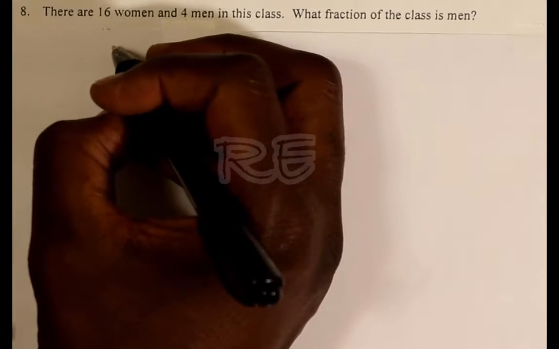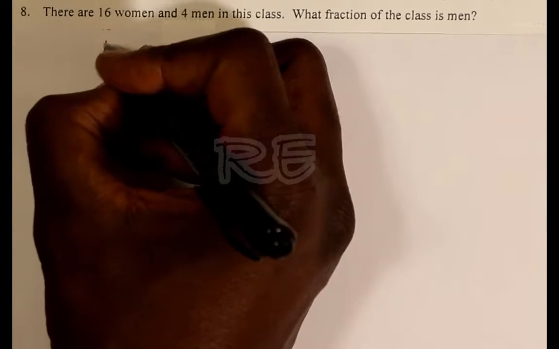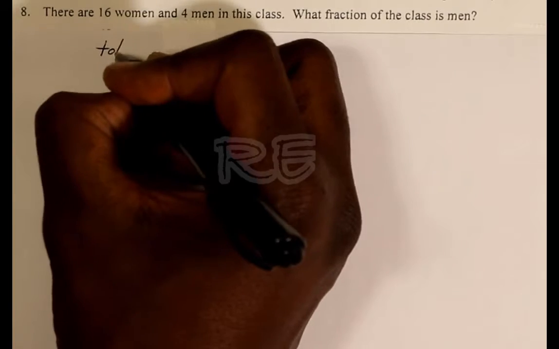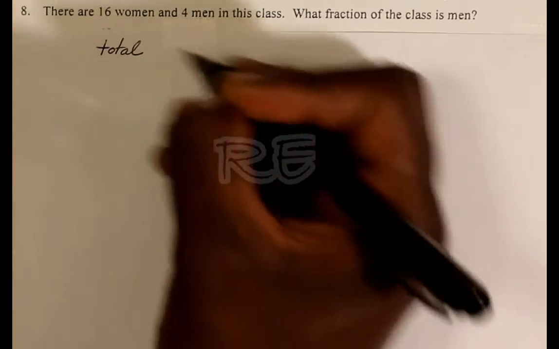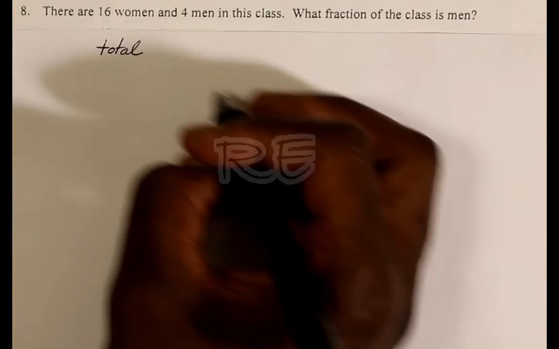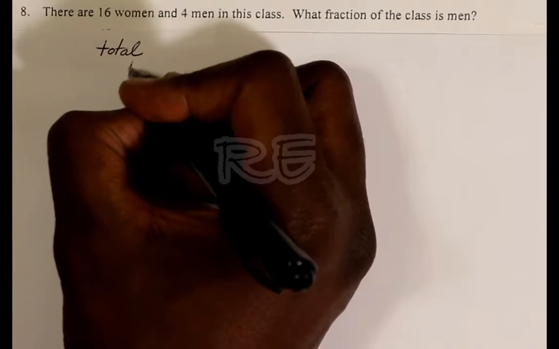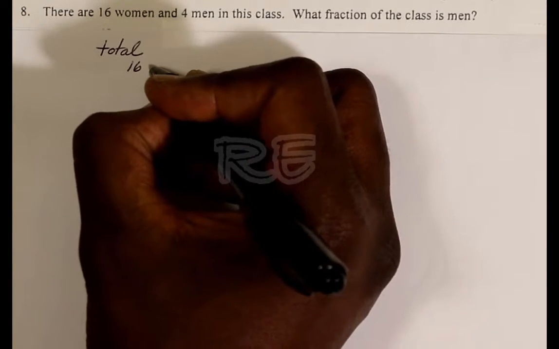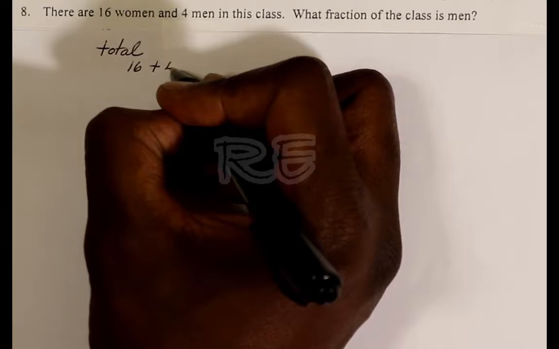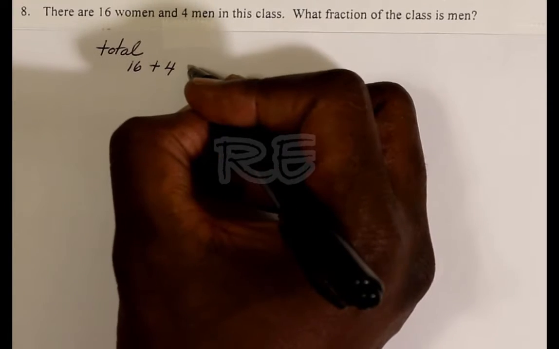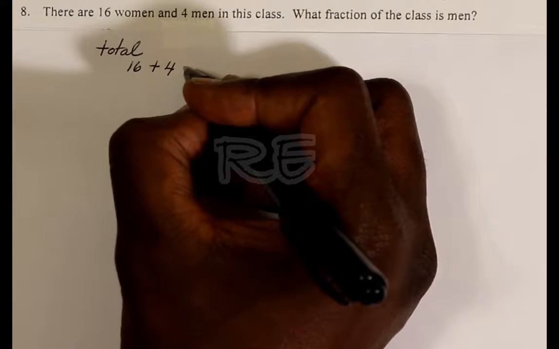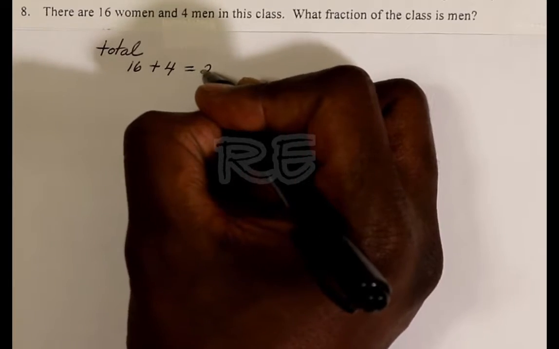Next, we have a class made up of 16 women and 4 men. So the total number of students will be 16 plus 4. Therefore, we have 20 students in the class.